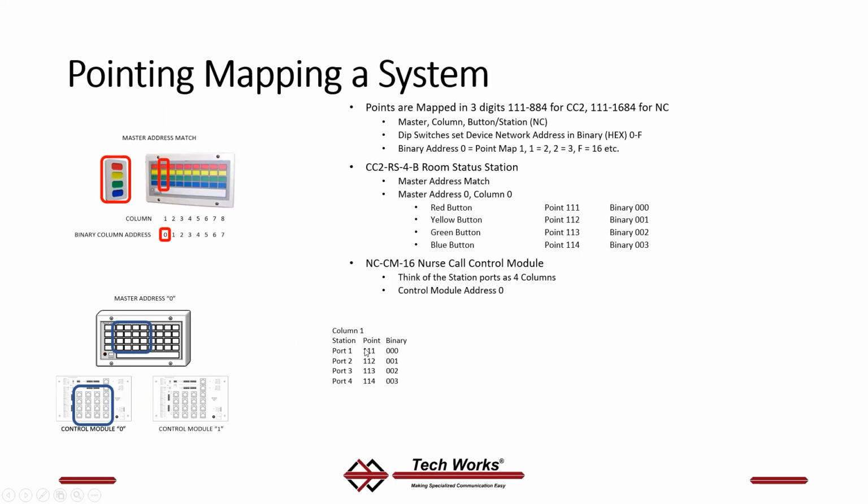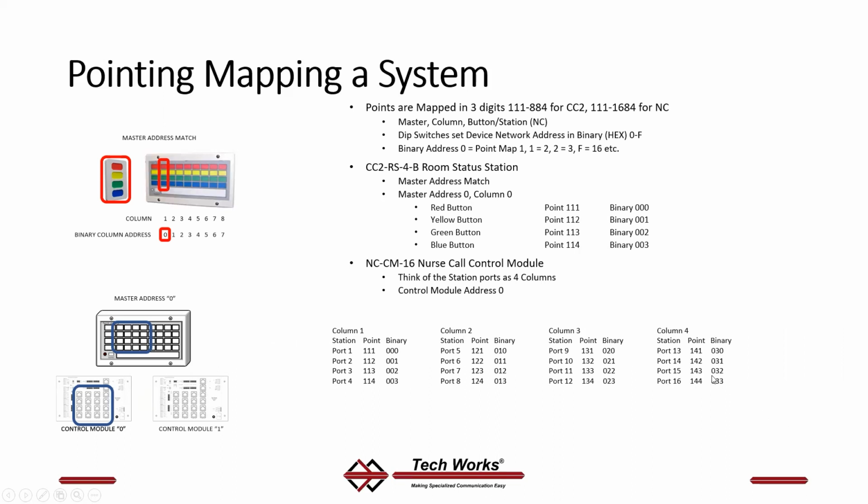Column 1 is 111 again, that's that upper left, through 144. So meaning first master, 4th column, 4th light would be this bottom right hand, which corresponds to that bottom right hand jack. The second half of the annunciator is control module 1.